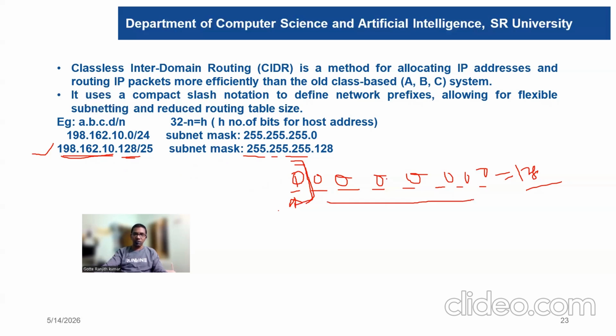So in the first place you write the maximum value, which is 1. If you place 1 here and the remaining are all zeros, then its value equals 128. That's why 128 is written in the subnet mask.